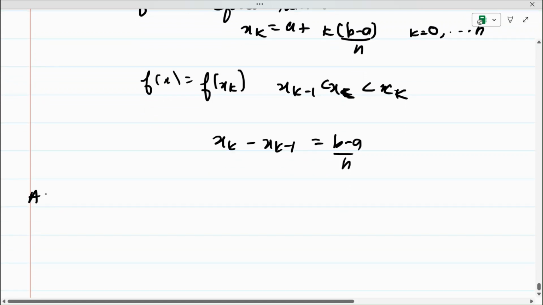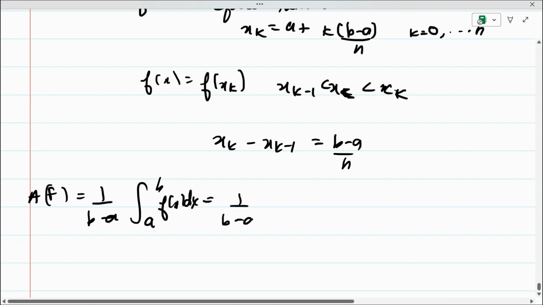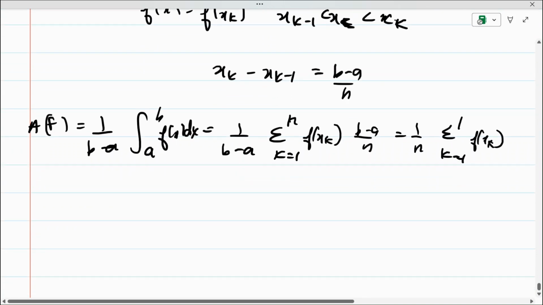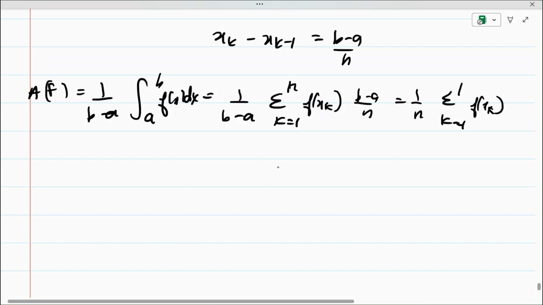So then let's go ahead and plug in the formula. Which is basically at each step interval, we take that value and divide by n.